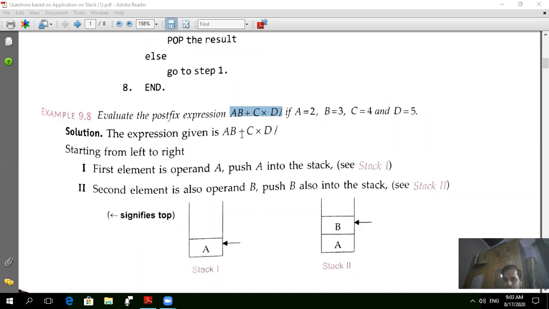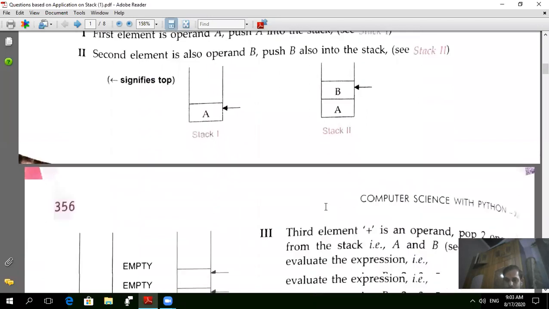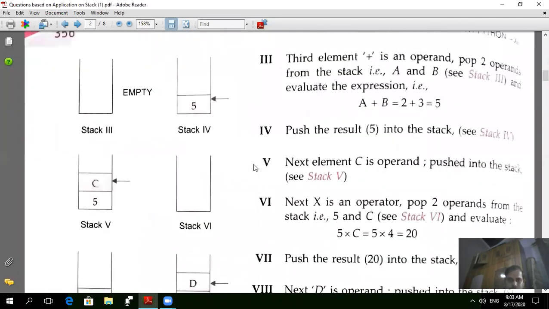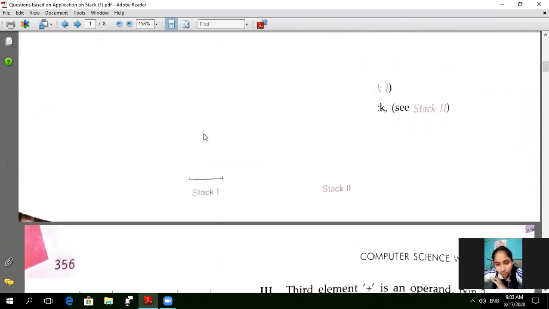After that, the third one is an operator. When an operator is coming, at that time you have to pop two operands. Look at this diagram. Now in the third stack, remove a and b together, means pop these two elements, because here we want to perform addition.